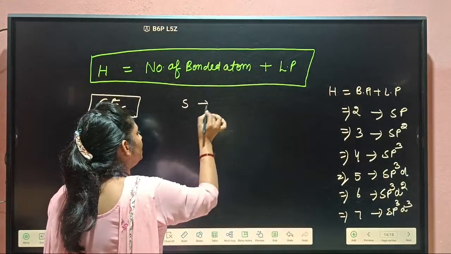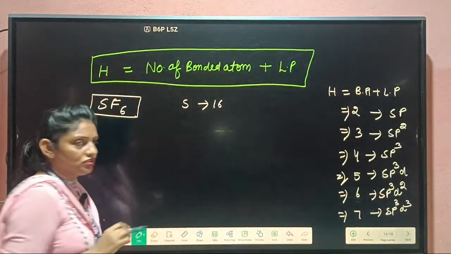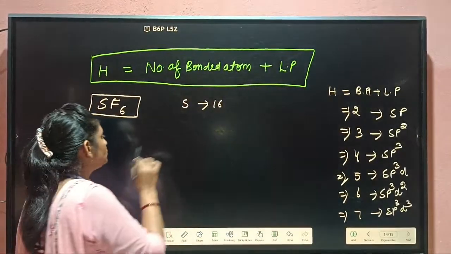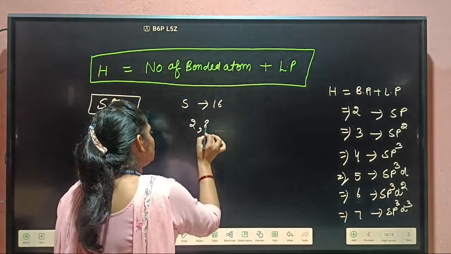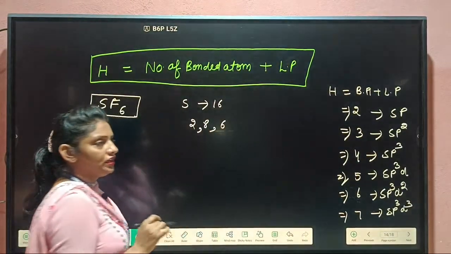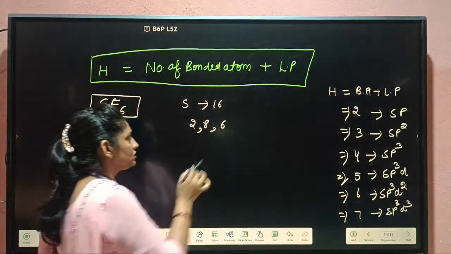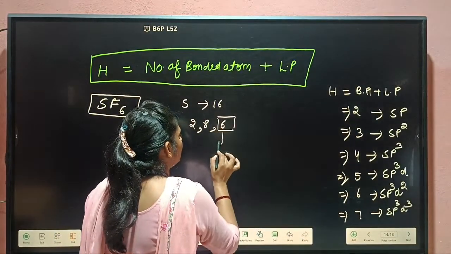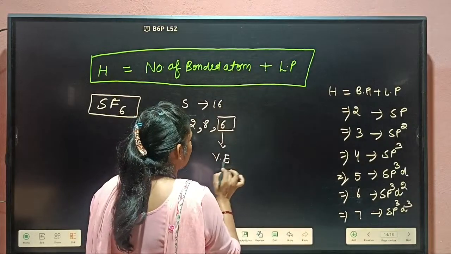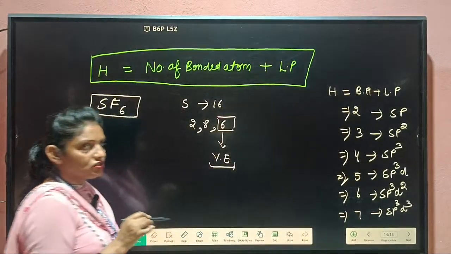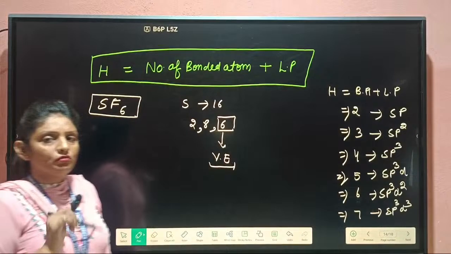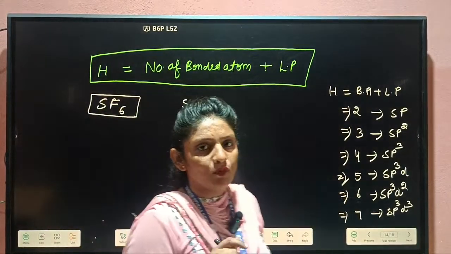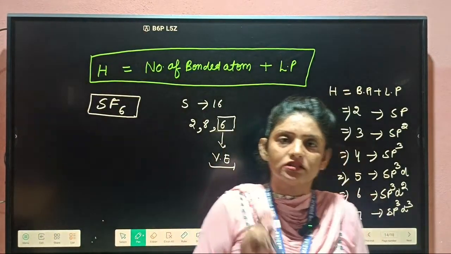Then students, you will write the configuration for this one: 2, 8, 6. Then you will see the valence electrons. Here valence electrons are 6 only, which means it can form a maximum of 6 bonds.